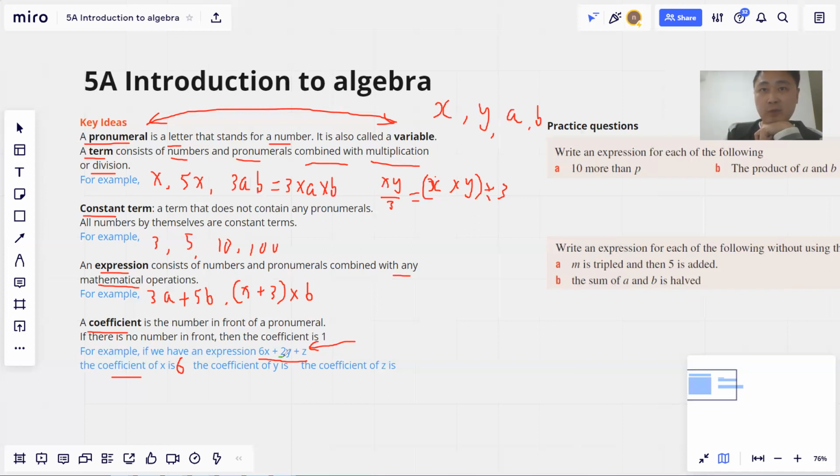So we just say the coefficient of y is 2, because the number before y is the coefficient of the polynomial. And then we have the coefficient of z.